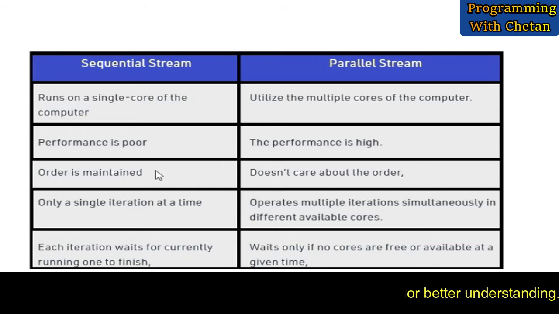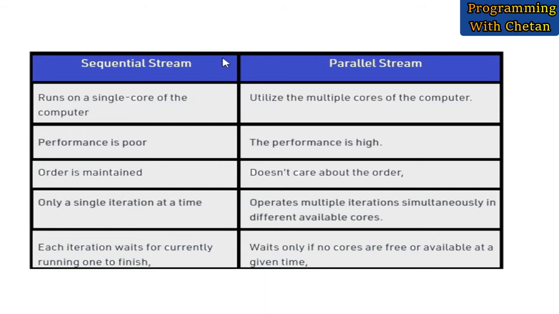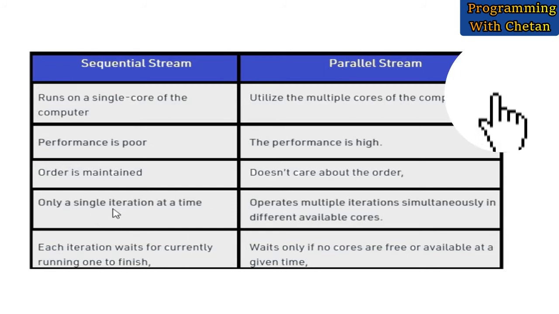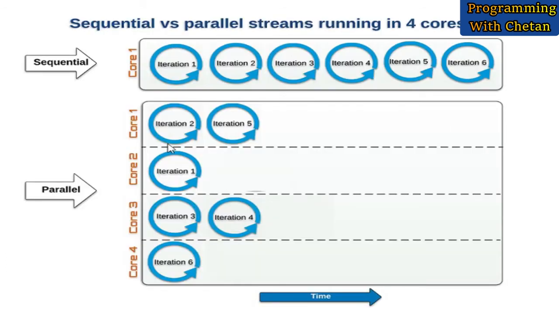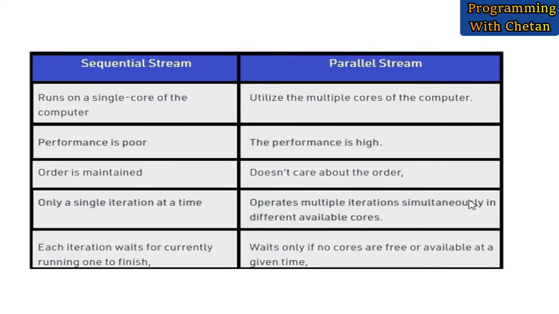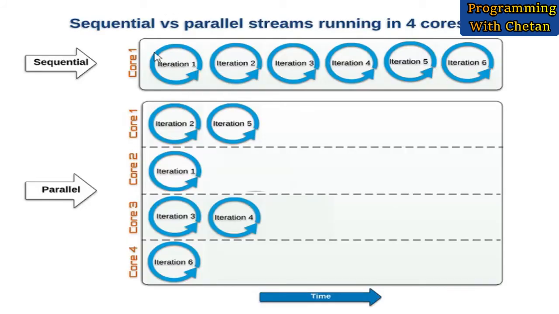If we have to maintain an order, we can go with a sequential stream, whereas a parallel stream doesn't guarantee the execution order. So if we don't care about execution order, we can go with a parallel stream. Now let us discuss our next difference. I think we have already discussed this one: in a sequential stream, only a single iteration happens at a time, whereas in a parallel stream, multiple iterations happen simultaneously in different available cores. Also, one more point related to iteration: in a sequential stream, each iteration waits for the previous one to finish, and only then does the next iteration start.